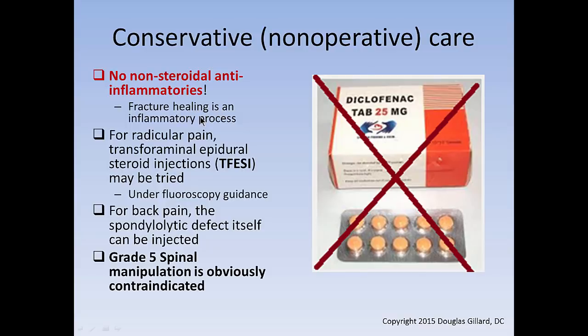You don't know how many times I've seen patients come to me over the years with a fresh spondylolisthesis, and the primary healthcare provider, the family doc, has given them a prescription for some type of anti-inflammatory.